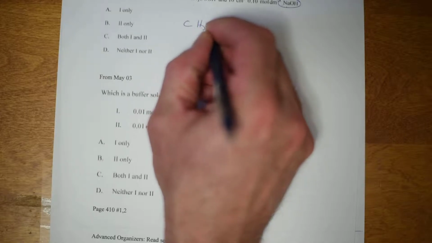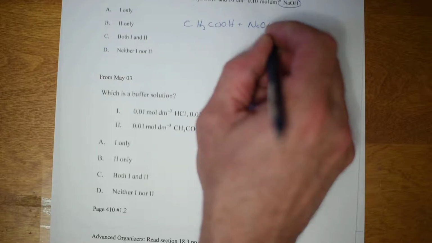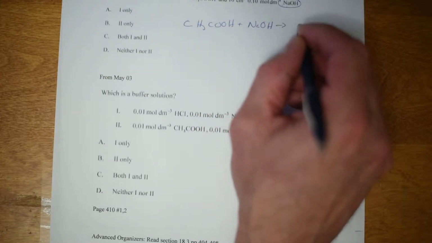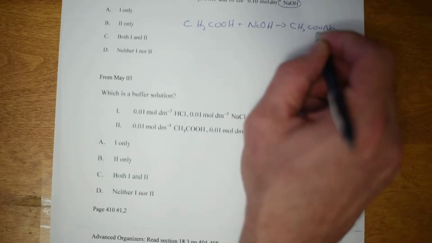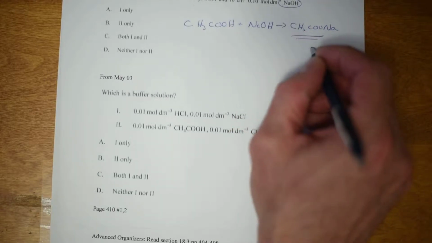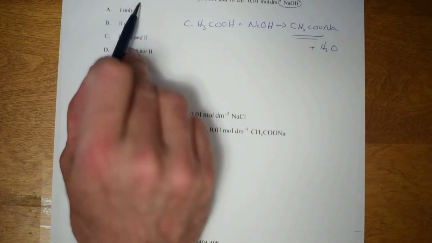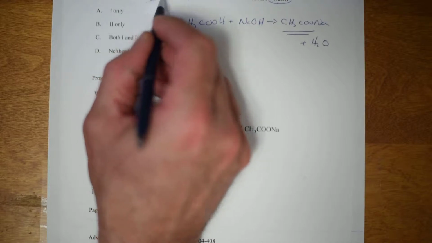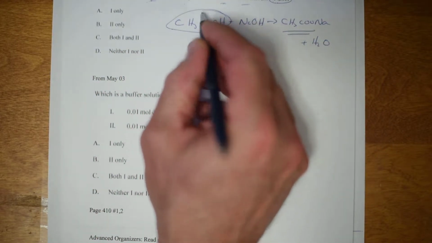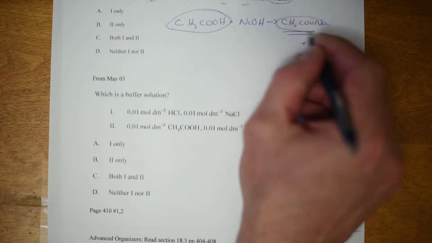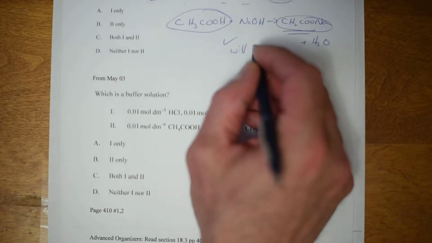If I take CH3COOH and sodium hydroxide, I'm going to get CH3COO minus, the salt of a weak acid, and H2O. We've done a neutralization. Let's look at the amounts here. I have 20 cubic centimeters of 0.1 and 10 cubic centimeters of 0.1. So I'm going to have half of this left over, and I'm going to have the salt. So this actually will make a buffer.